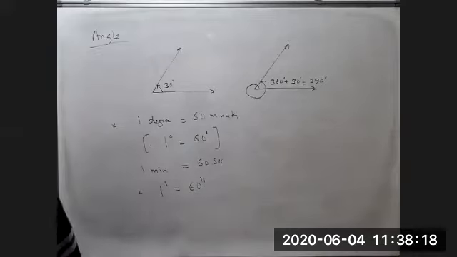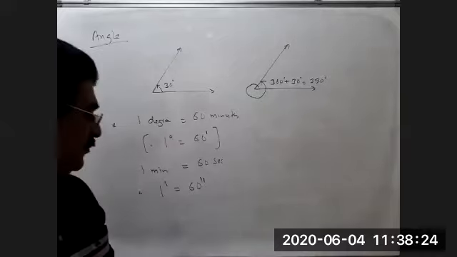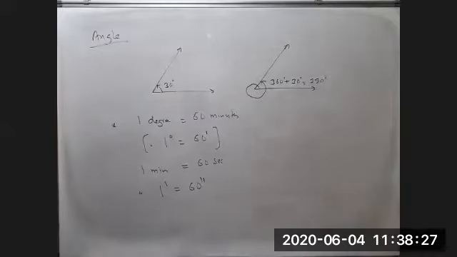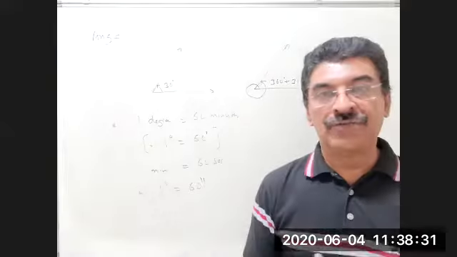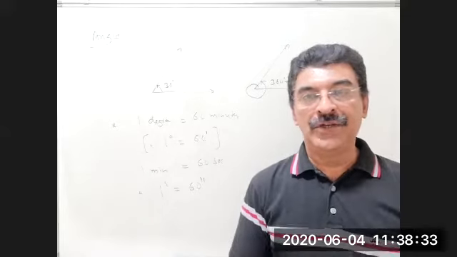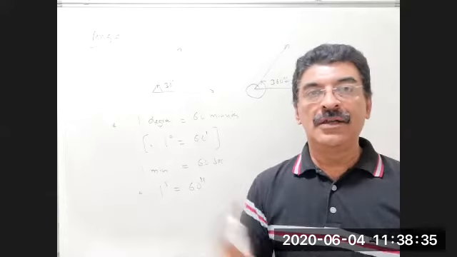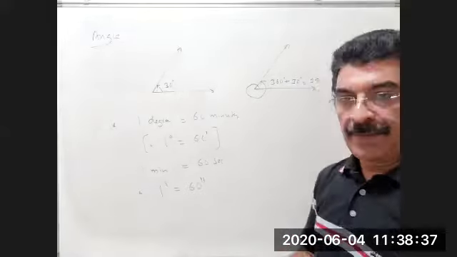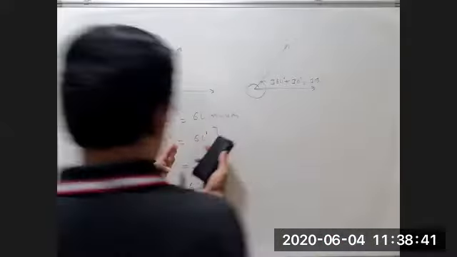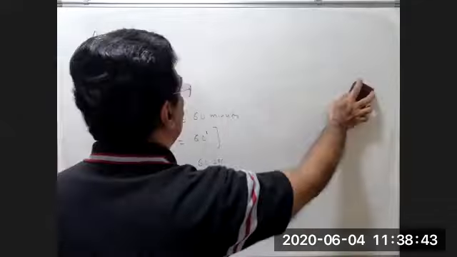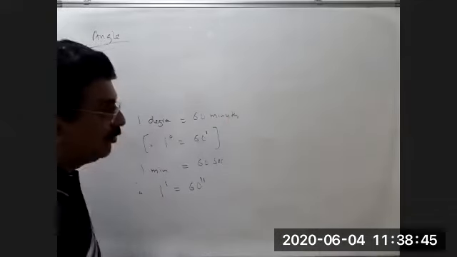So these are the denominations: 1 degree is 60 minutes, and 1 minute is 60 seconds. Last year, you learned only degree measure. Now see, these are some denominations. Now, some examples.